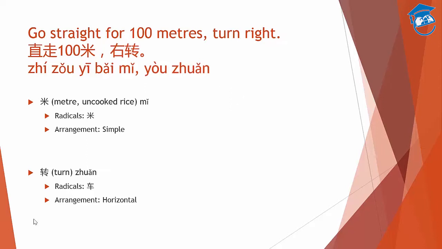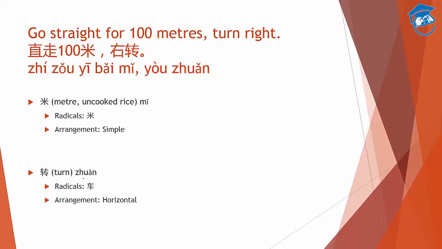Okay, so as you can see, 100 meters is 100米, and turn right is 右转. And again, because right is an adjective, so it is placed in front of the verb. Instead of saying 转右, turn right, we say 右转, right turn. Okay, so 转 means turn.